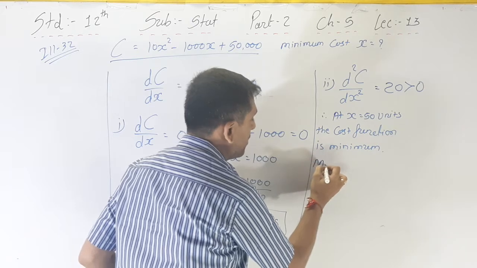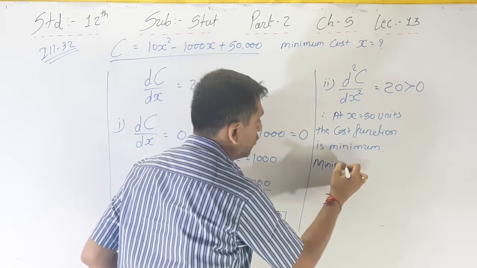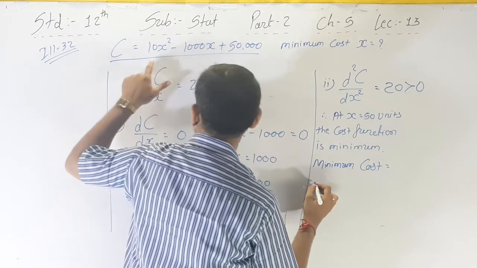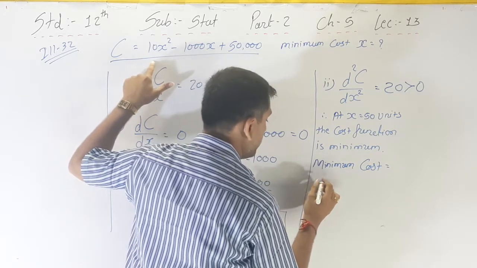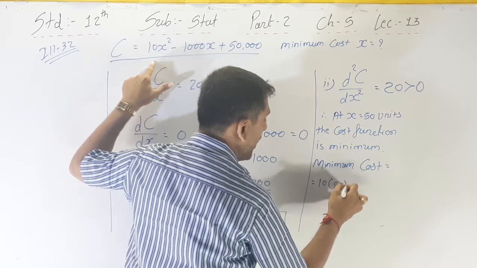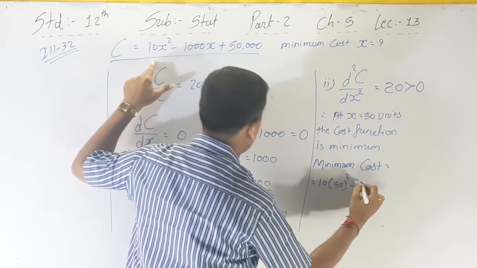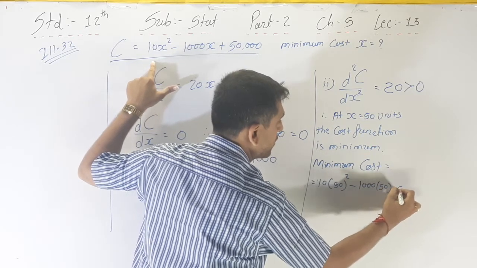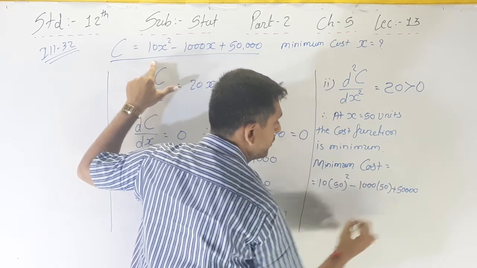Okay, so here I am writing the answer. Final minimum cost is equal to the cost function: 10 into 50 square minus 1000 into 50 plus 50,000.